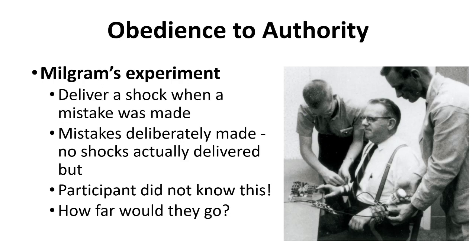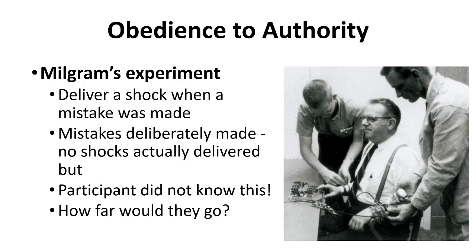So our participant was put in a room and told that their partner, the confederate, was going to be answering questions. And each time they answered a question incorrectly, there was going to be a punishment of increasingly intense shocks. And the participant had to deliver the shocks.